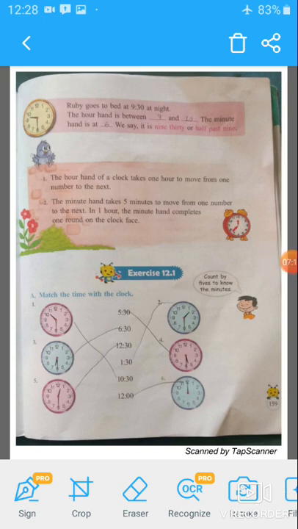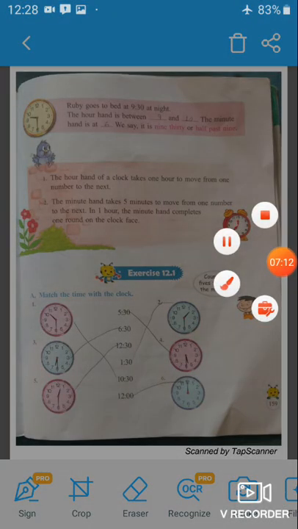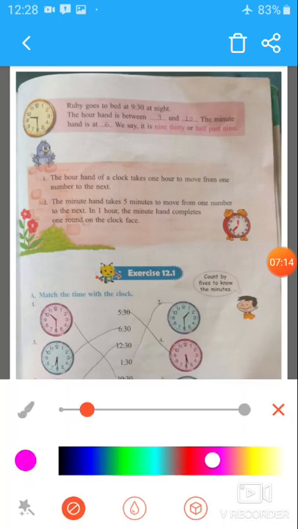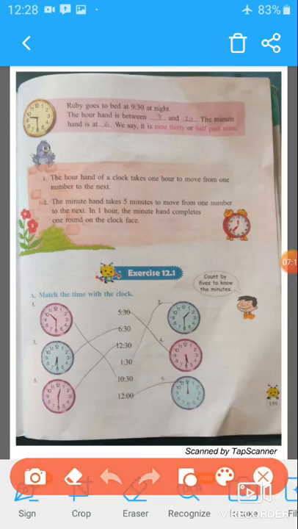Now students, Ruby goes to bed at 9:30 at night. At this time, the hour hand is between 9 and 10 and the minute hand is at 6. We say it is 9:30 or half past 9.